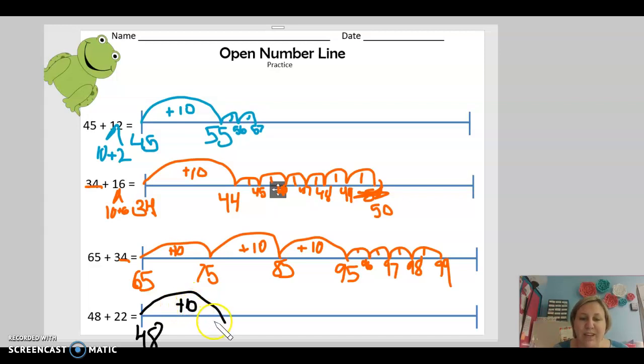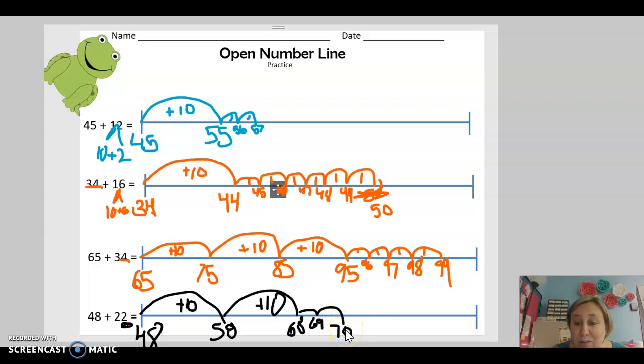What's 48 plus 10? That's right, 58. Then I'm going to do 1 more hop of 10. What's 58 plus 10? That's right, 68. And now I have 2 more hops left. So 1, 2 gets me 69 and 70. Good job, mathematicians.